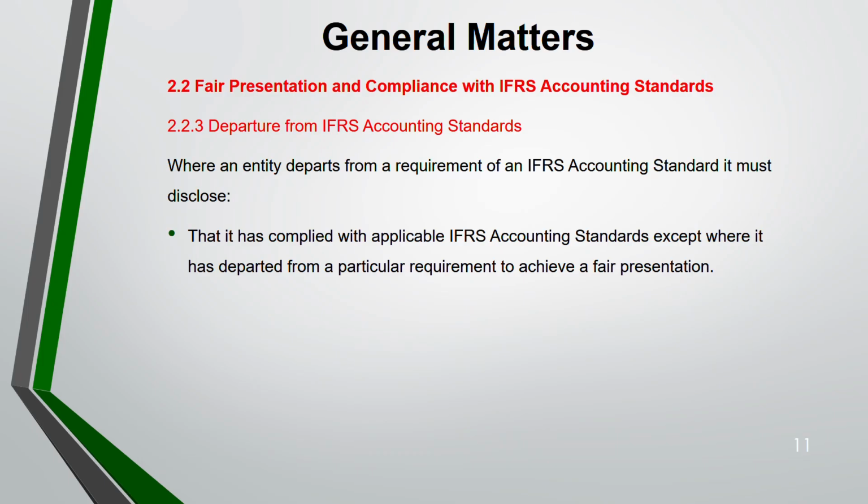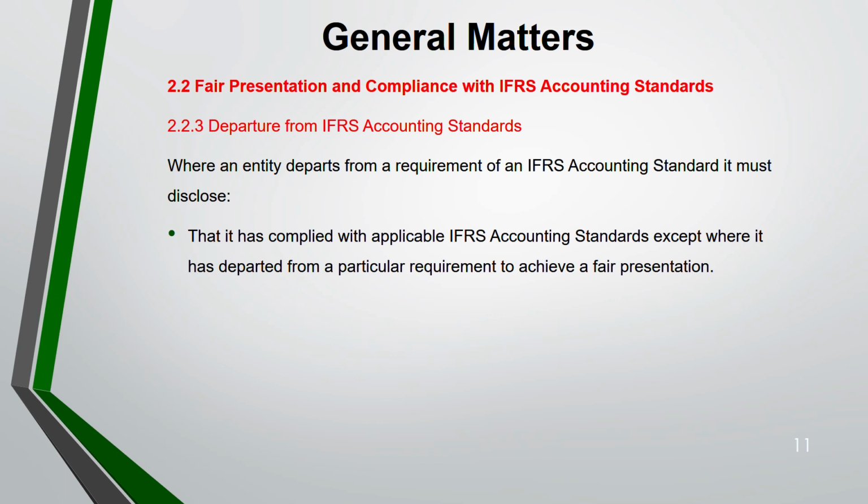Let's say there are 5 requirements of IFRS 50. Out of 5, you must have achieved 3 or 4. So you are saying that you have complied with all except 1 or except 2, because you are thinking that to depart from that requirement is important, because otherwise you're not going to achieve the fair presentation.